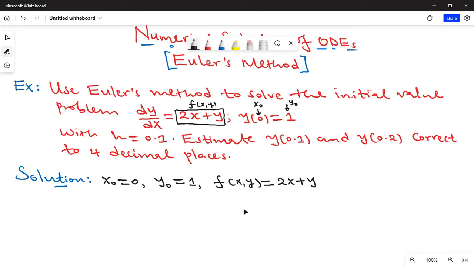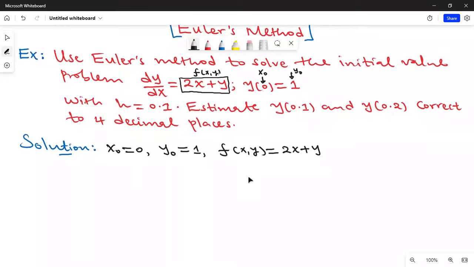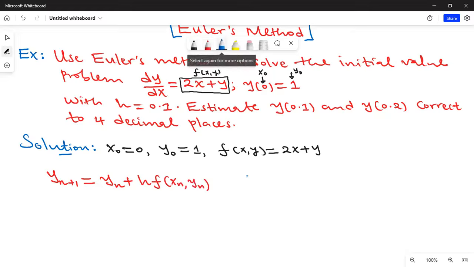Remember the iterative formula used in Euler's method is that y(n+1) is equal to yn plus h times f of xn, comma, yn. This is what you are calling Euler's method, where n ranges from 0, 1, 2, 3, all the way up to infinity.